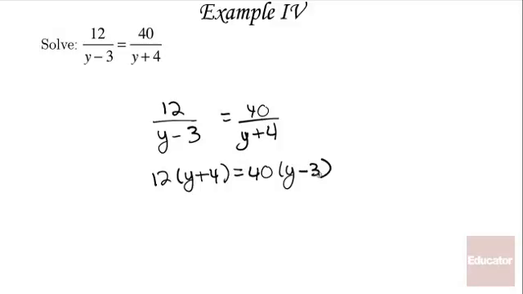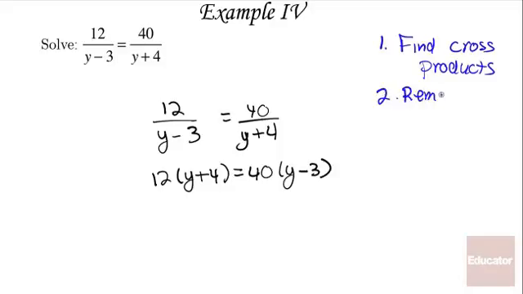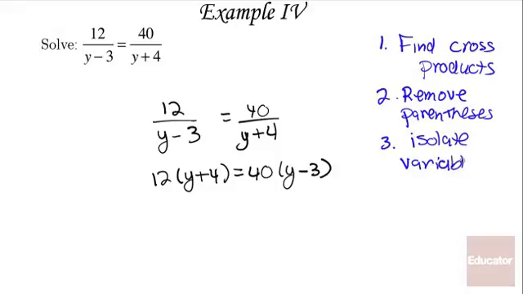Now we have just the same kind of equation that we've worked with before. So first I find the cross products. Then I approach it just as I did previously, meaning I remove the parentheses, remove the grouping symbols, and then isolate the variable, and I'll have my solution.